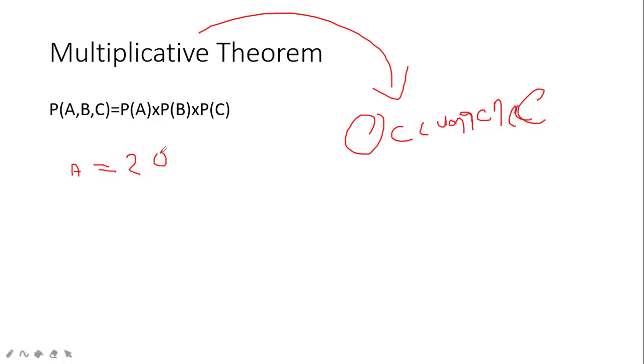Then I go ahead with B, so B equals 50. Then I move to C, which equals 70.